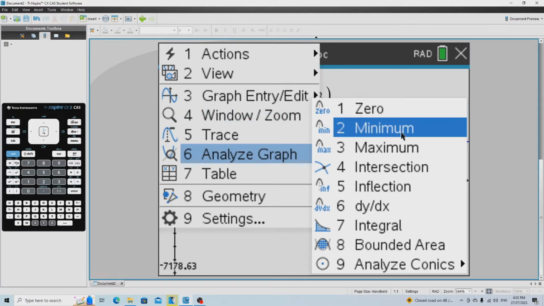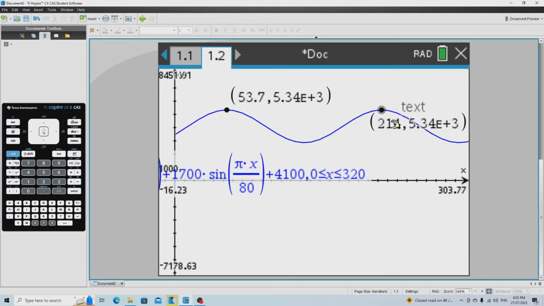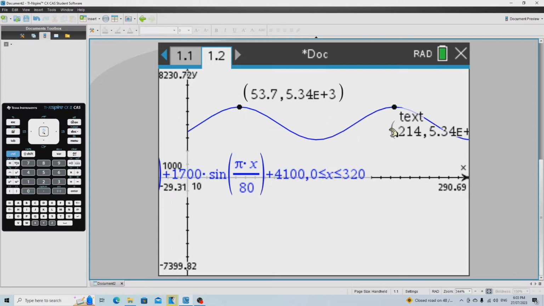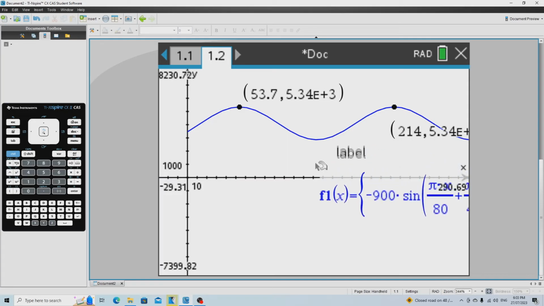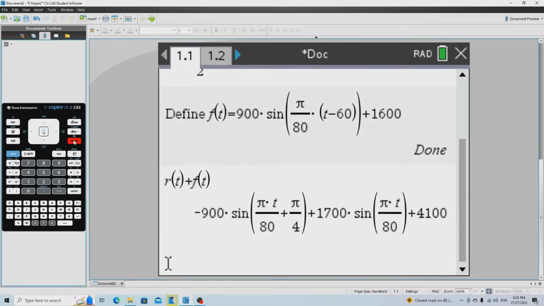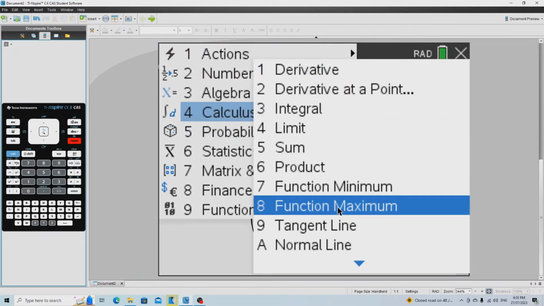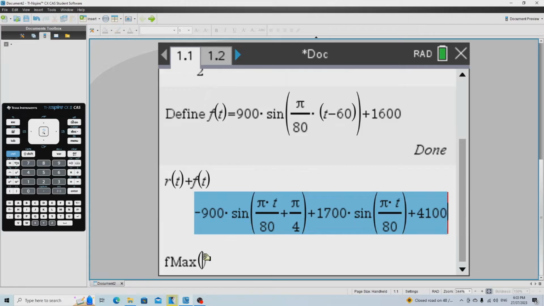Also maximum over here, we get 2. Find the maximum combined population of foxes and rabbits, correct to the nearest whole number. What can we do? Let me go in here and go on calculus, function maximum, put this function over here.